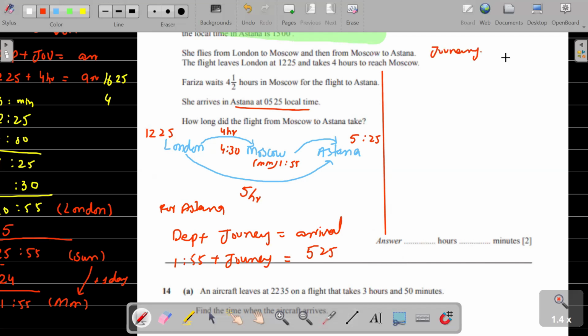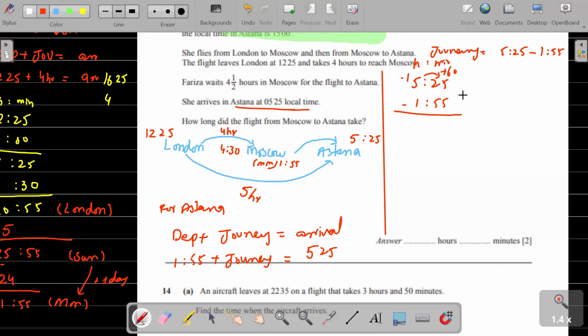Journey is going to be 5:25 minus 1:55. Let's subtract them by using the casual method. Look, we cannot subtract 55 from 25, so I will be borrowing 60 over here.